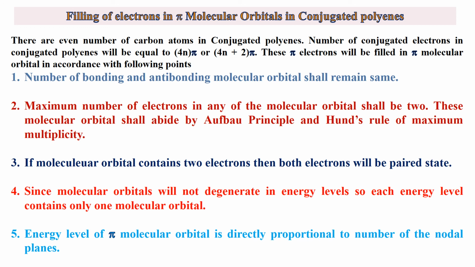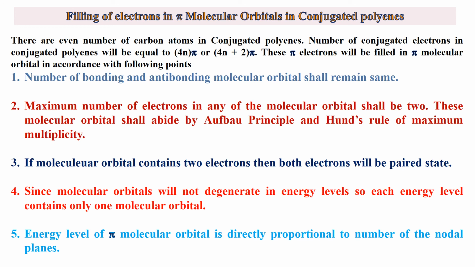Energy level of pi molecular orbital is directly proportional to the number of nodal planes. How many pi molecular orbitals are present at that particular energy level, that will be directly proportional to the number of nodal planes.